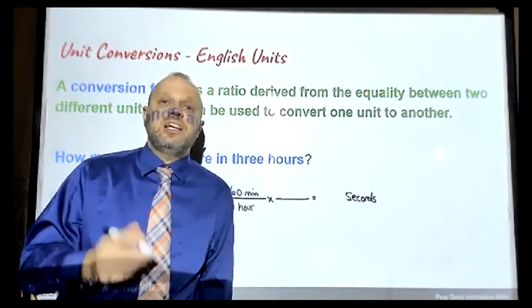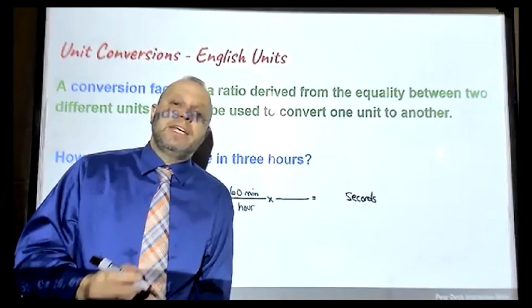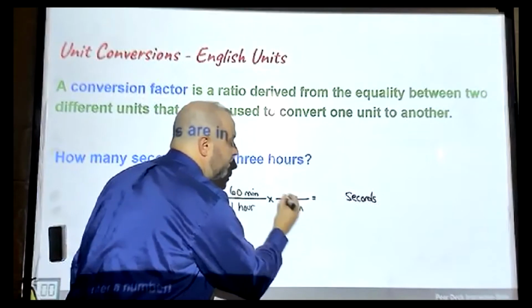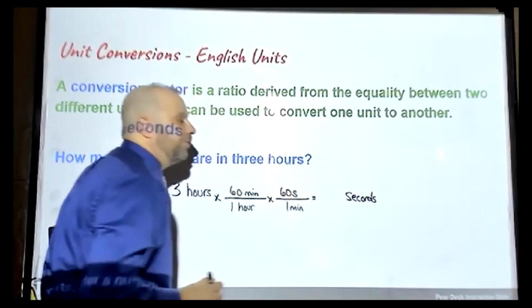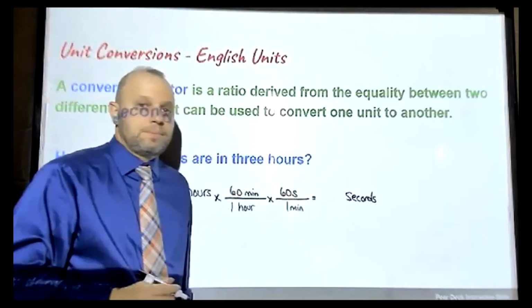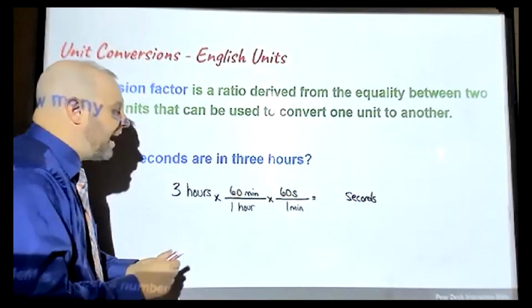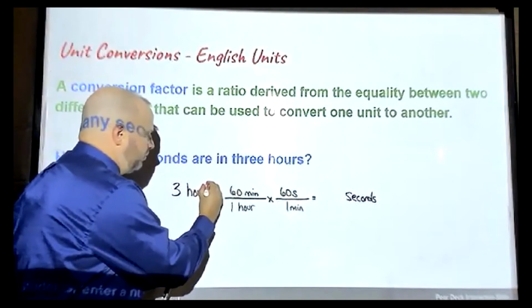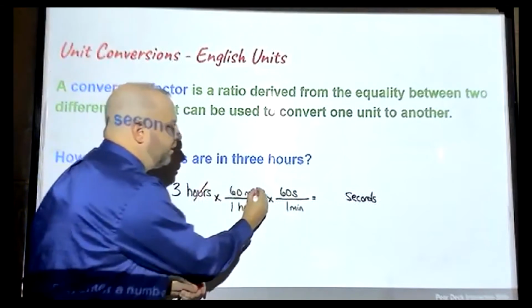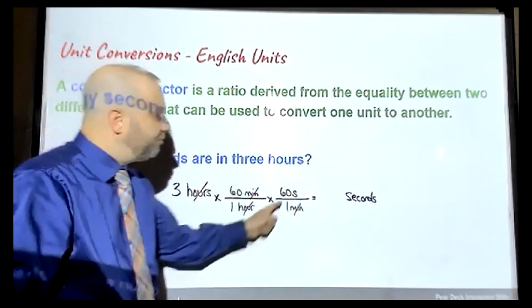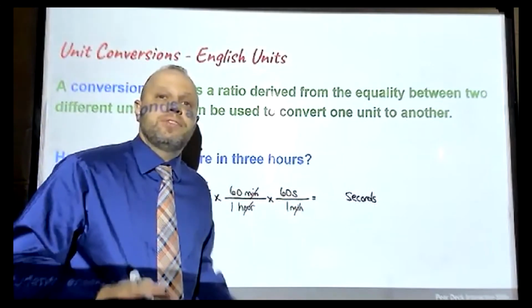In the next fraction, now I would like to get rid of that minute. So I'm going to put 1 minute on the bottom and 60 seconds on top. When I do this, my unit of hours crosses out, my unit of minutes crosses out, and I'm left, as you can see here, with units of seconds.